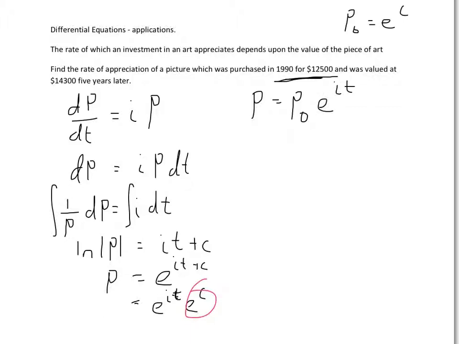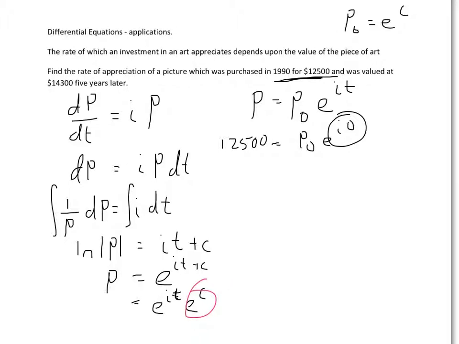Okay. So what happens when t equals 0? Okay? When time equals 0, we've been told P is 12,500. Okay, so when we initially bought it, it's 12,500. P0 e to the power of I times 0. So this is e to the power of 0, and that is 1 anyway.